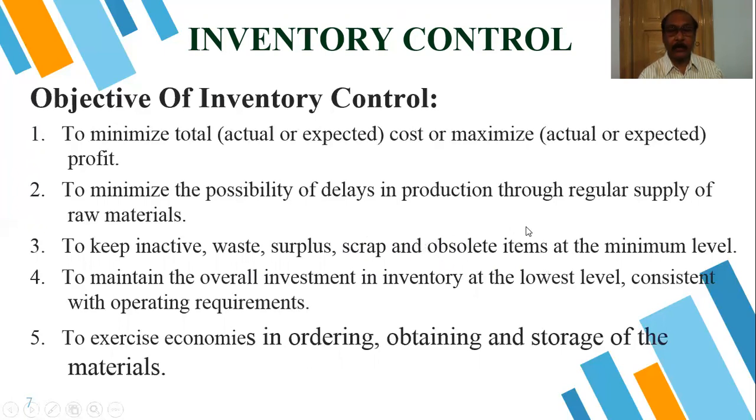Somehow a few items we are using for our production, maybe that type of finished goods we are not producing right now. So related items are maybe obsolete, or we are not using that type of item. So these things we have to minimize to reduce our cost or loss.